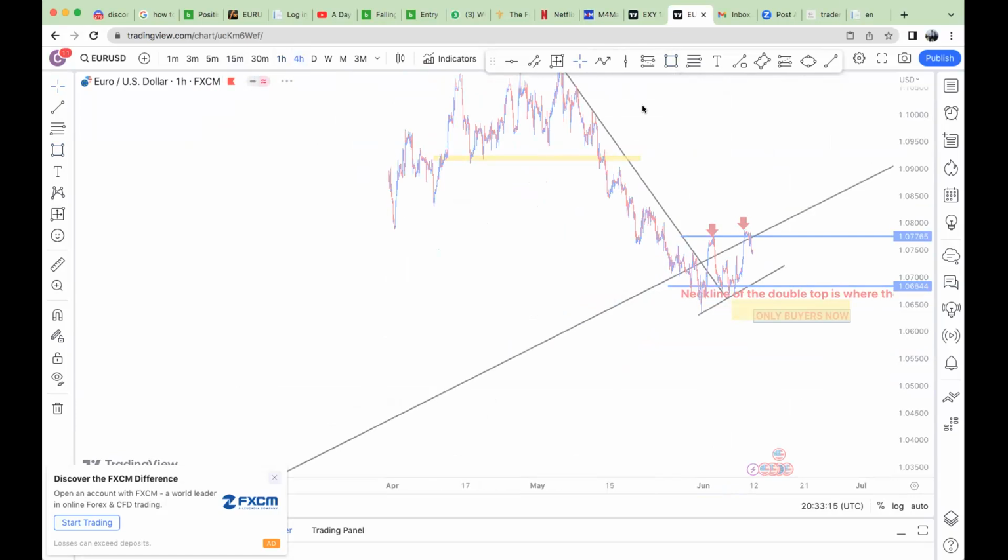Because I have a bias that this market is going up. Go to 3 months. Let me show you something I saw today. And if by God's grace it plays out like this, we can make a lot of money the next 6 months if we just focus on Euro USD.